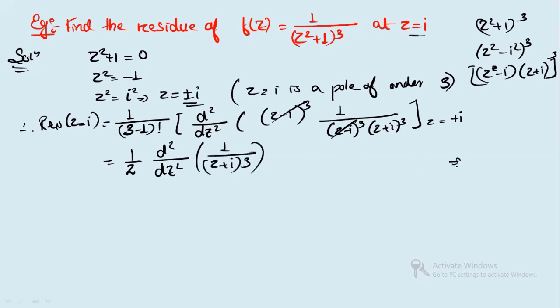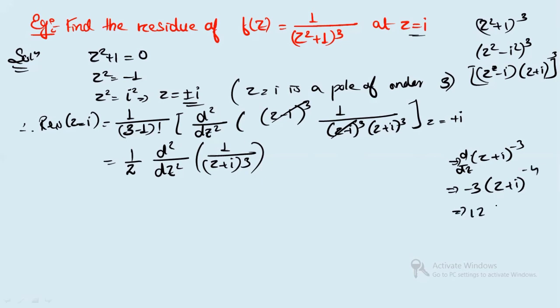So on differentiating the first time, what you will get? It is (z plus i) to the power minus 3. Just differentiate. You will get minus 3 (z plus i) to the power n minus 1, so minus 4. Again, it will give you 12, 4 3s are 12. Negative, negative will get positive. This will be (z plus i) to the power minus 5, right?